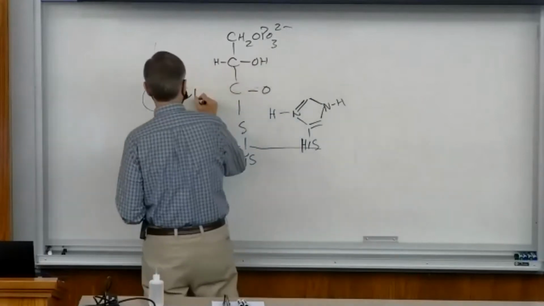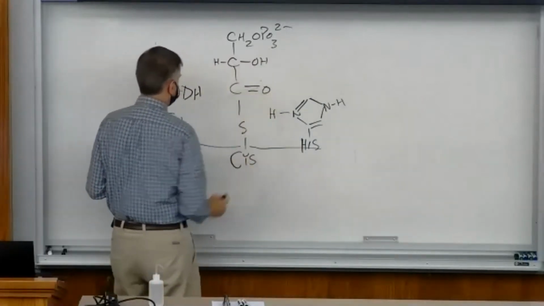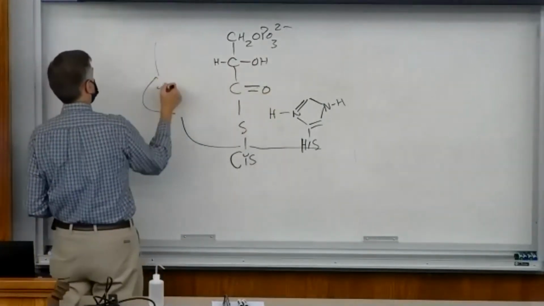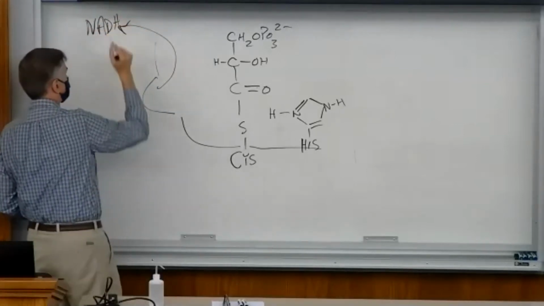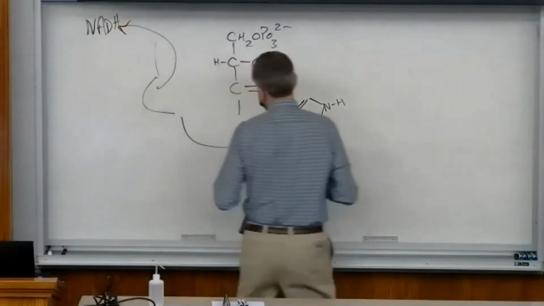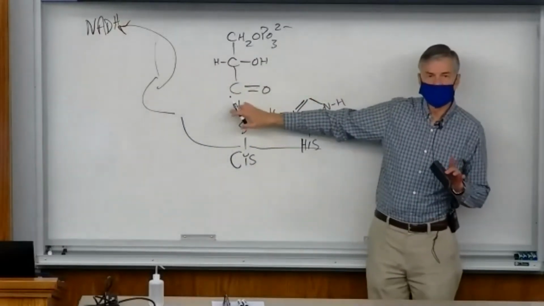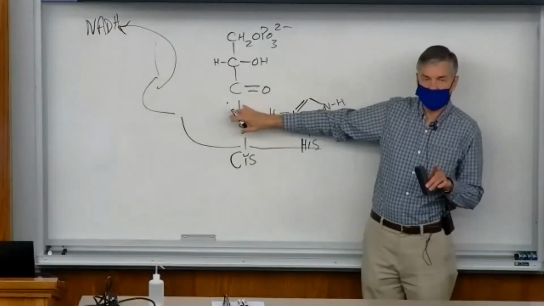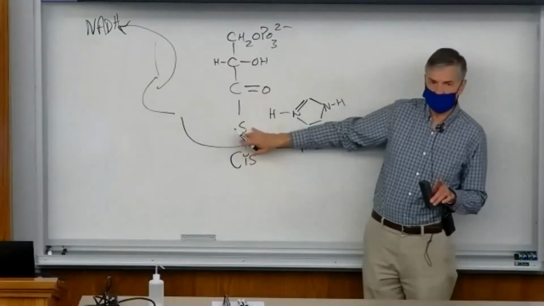So the NADH, once formed, leaves, the NAD goes away, NADH, and we have this thioester. So formally now, this is not an aldehyde, but now a carboxyl group that has esterified to this sulfur.